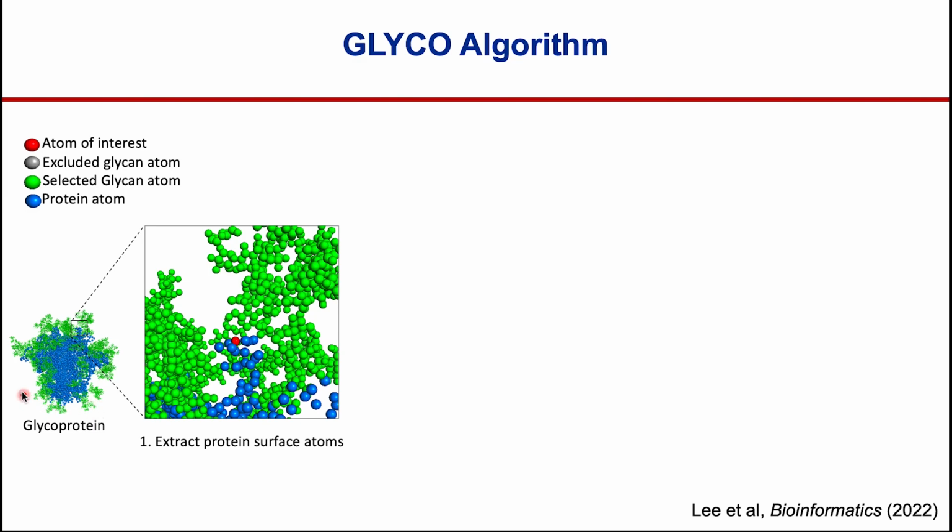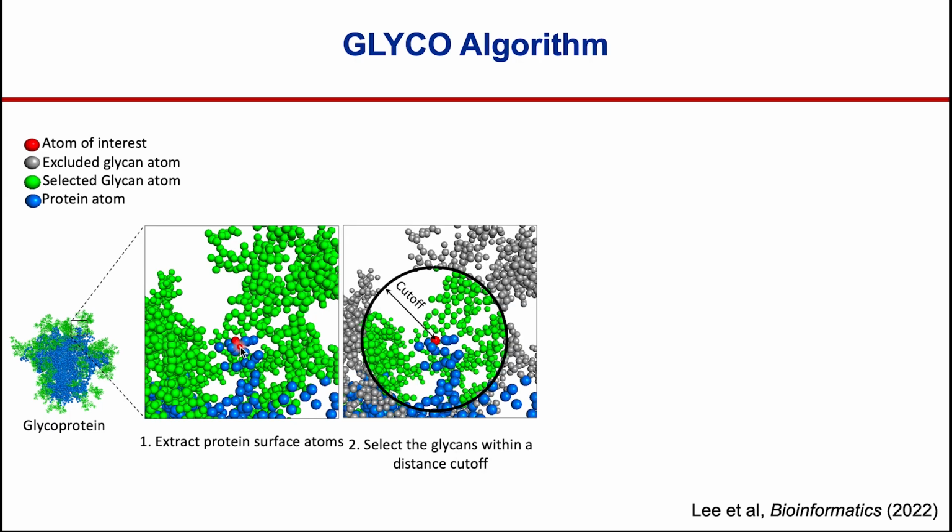Once the program takes the input file, it takes the protein surface residues. In this case, I colored them in red, so these are my protein surface residues of interest. On each protein surface residue, it defines a certain cutoff and then checks the glycan atoms within the cutoff.